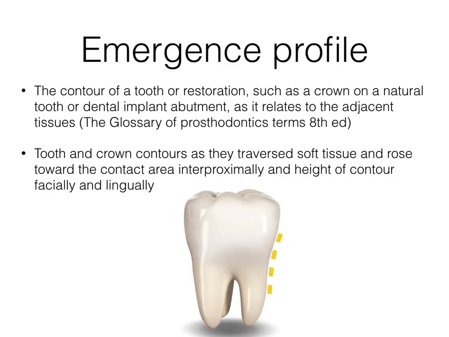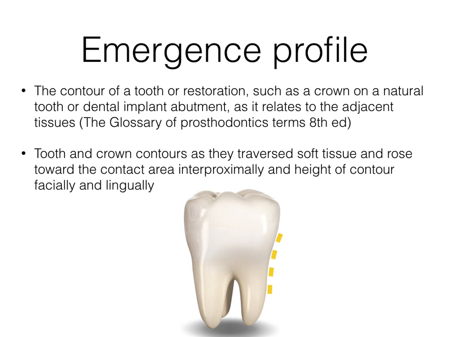So what does the emergence profile mean? The emergence profile means the contour of the tooth or restoration, such as a crown on the natural tooth or dental implant abutment, as it relates to adjacent tissue. So the tooth and crown contour as it transfers from the soft tissue toward the contact area interproximally, and height of contour facially and lingually.